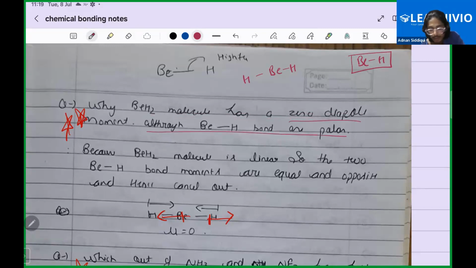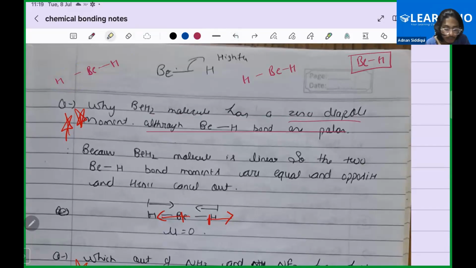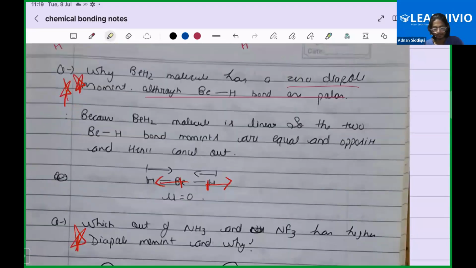If I look at the whole molecule, it is non-polar. But if I look only at this bond, I see this bond is polar. So why is this happening? So let us try to answer it.